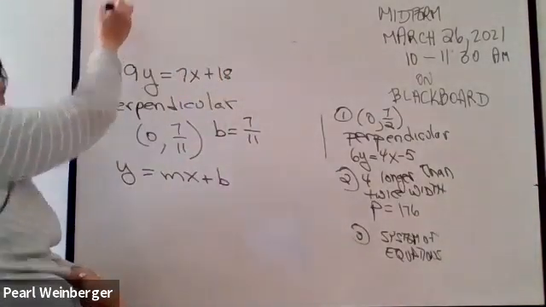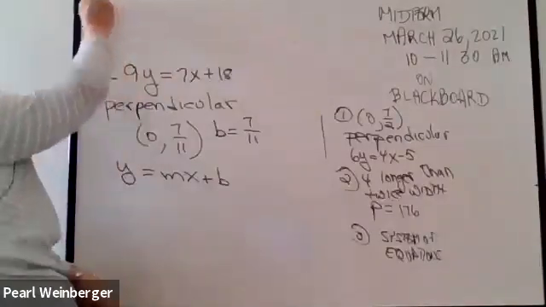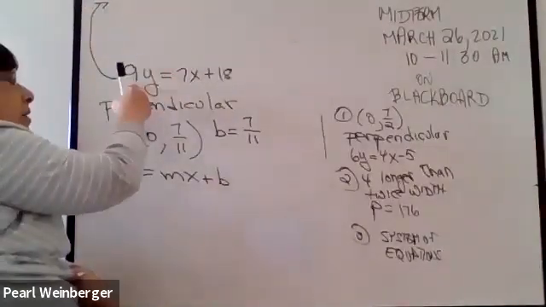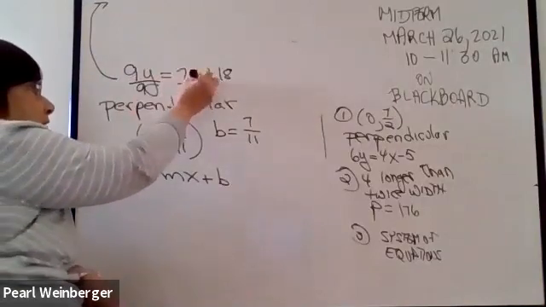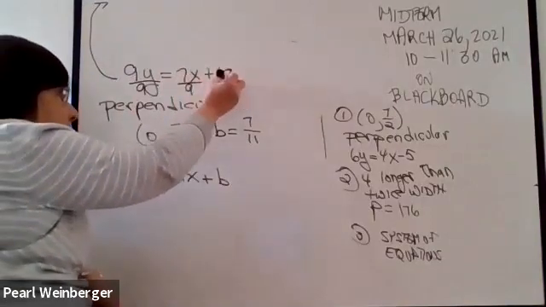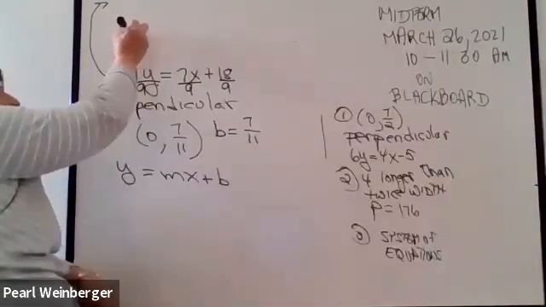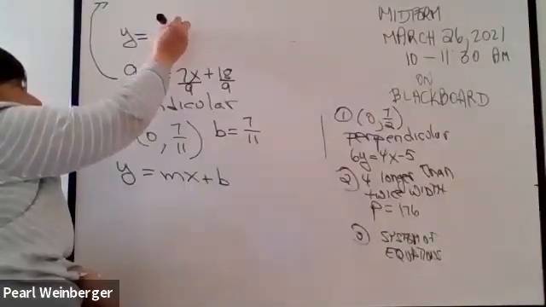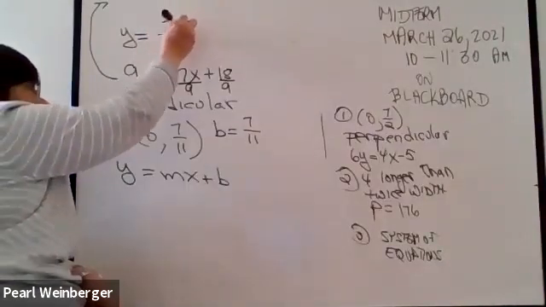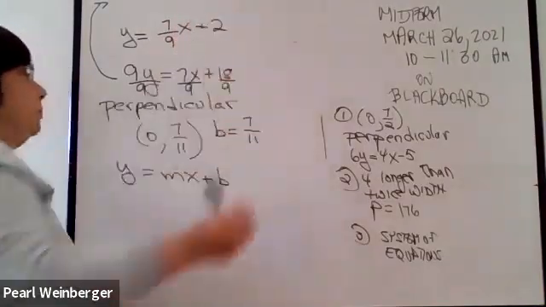In order to find the slope, I have to get the y alone, which means I have to divide everything by 9. So my original line becomes y equals 7/9 x plus 18/9, which is just 2.